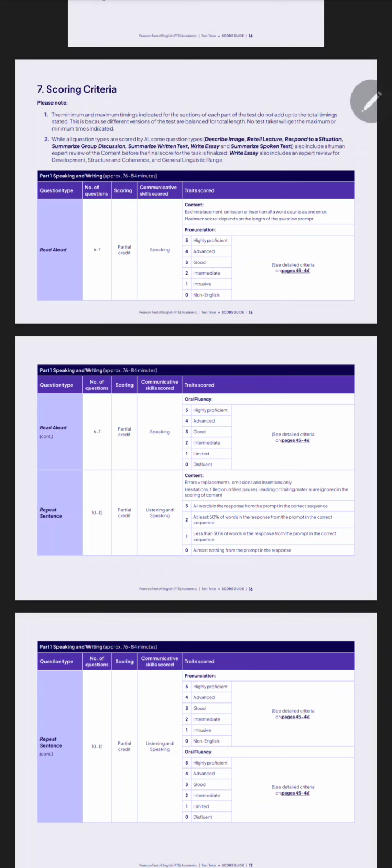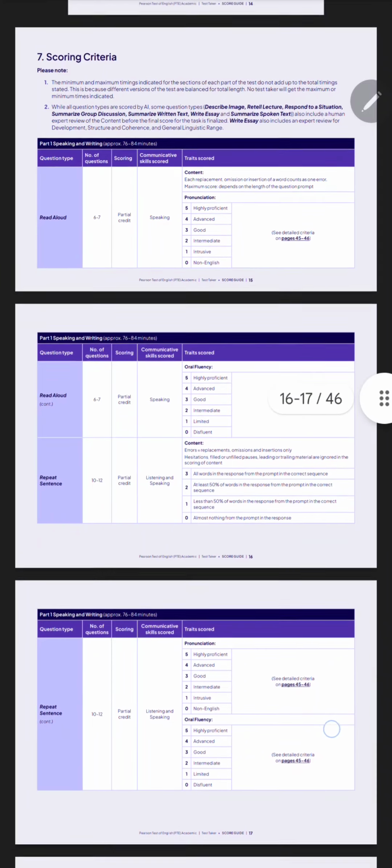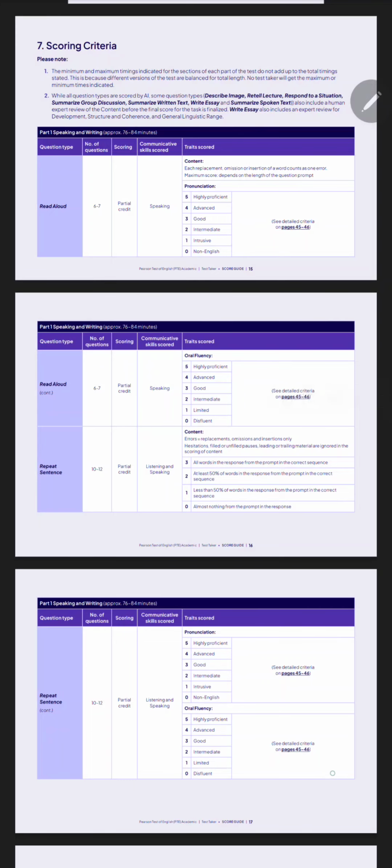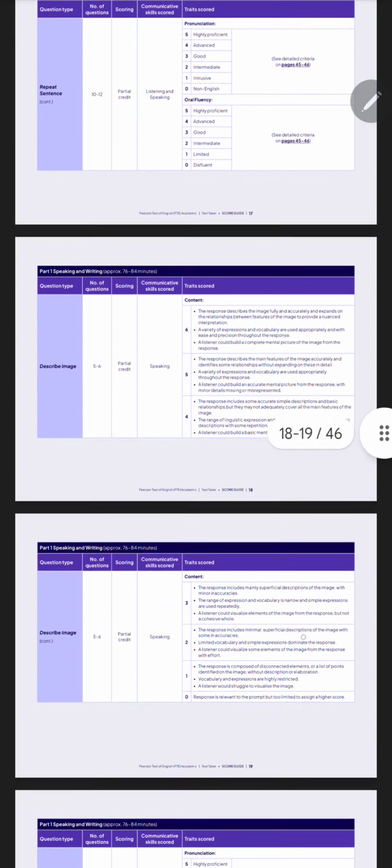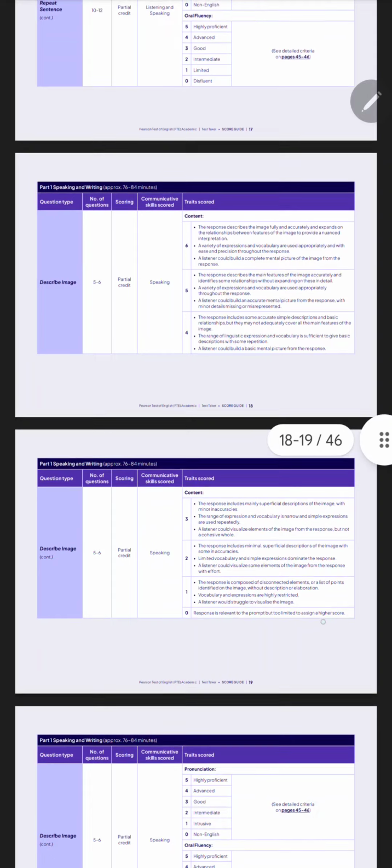At least we cannot replace, omit or insert anything if we want the maximum score for the content. So in this part, just remember as much as we can. For pronunciation and oral fluency, it is the same as previously.